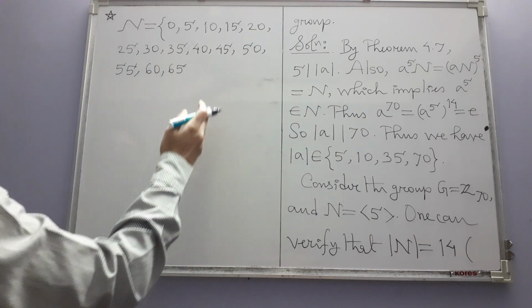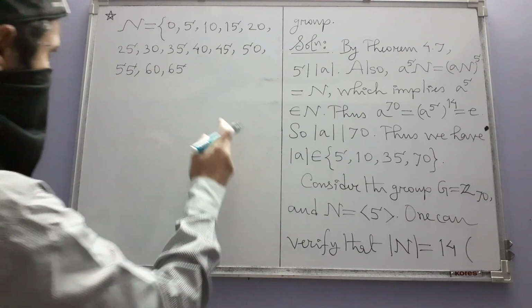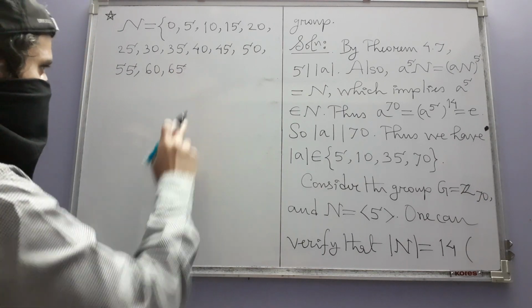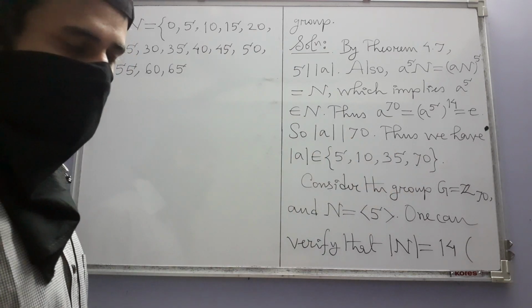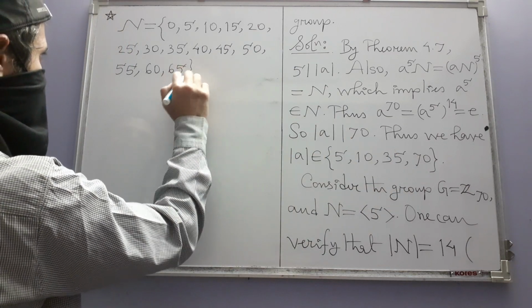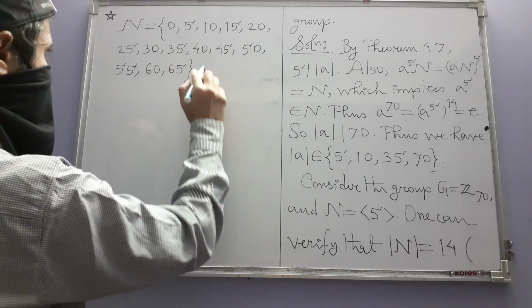If you add one more 5, you are going to get 70, which in this group is equal to 0. So these are the elements in n.